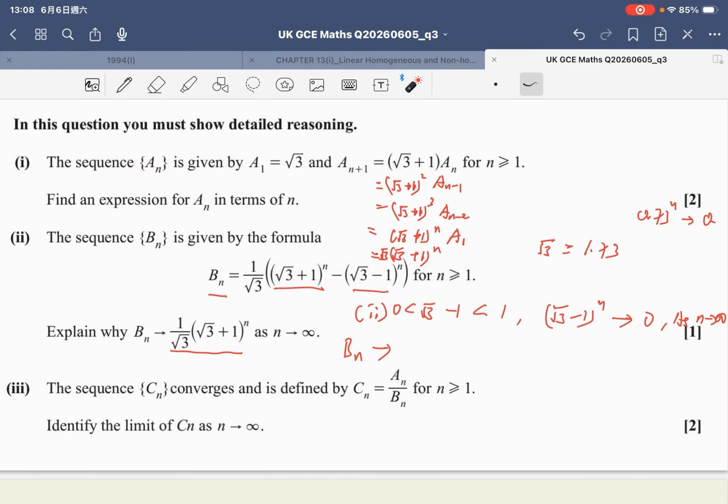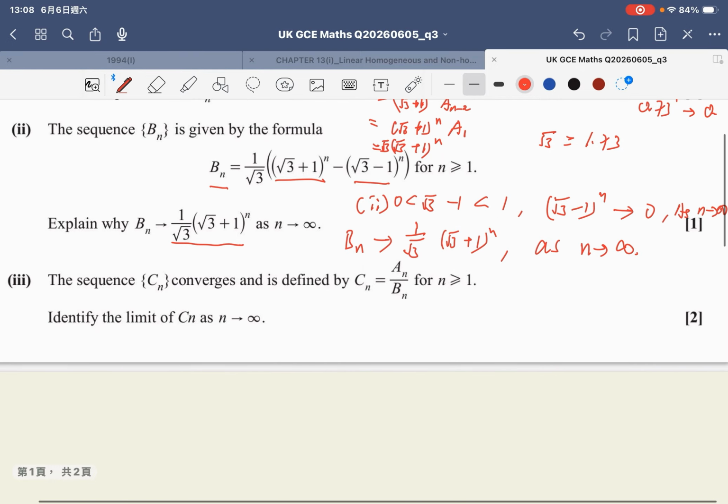It means we can neglect the other part, and the dominant part of b_n is this one. Therefore, b_n tends to 1 over root 3 times root 3 plus 1 to the power n. That is the solution of this part.